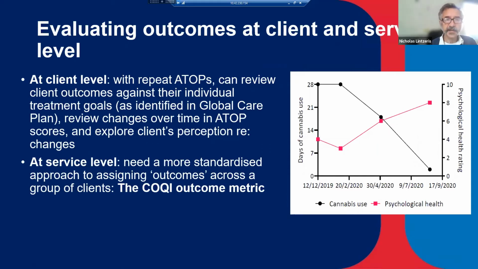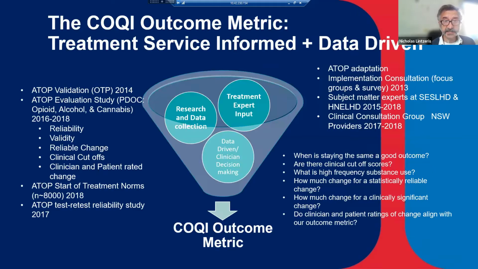Next slide. Now, this is a really busy slide, and we're not going to go through all this. I really want to highlight the processes that we follow to come to the Koki outcome metric, and that's what Rachel will be walking you through. Just so people understand, there's a lot of work that's gone into this over the last 5 to 10 years.